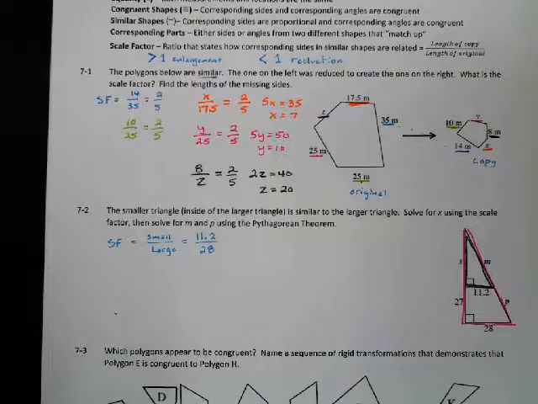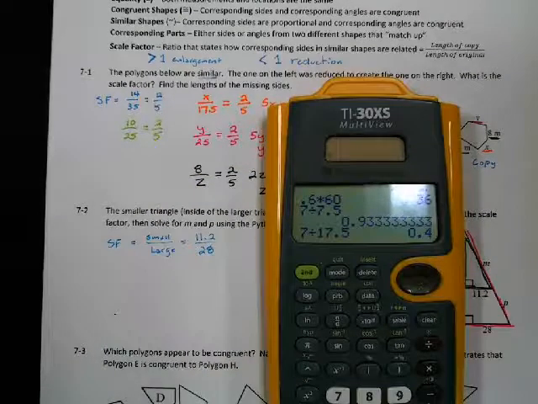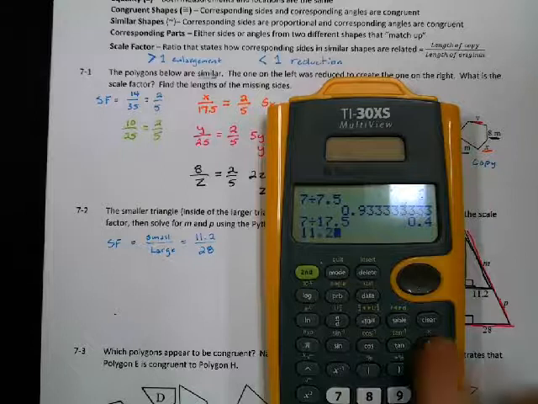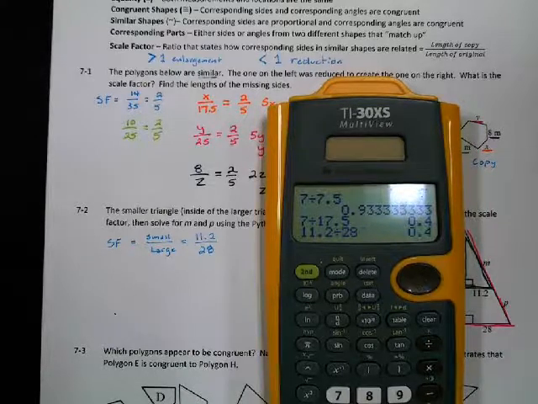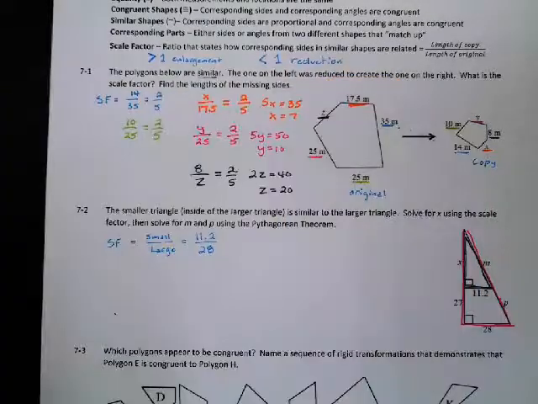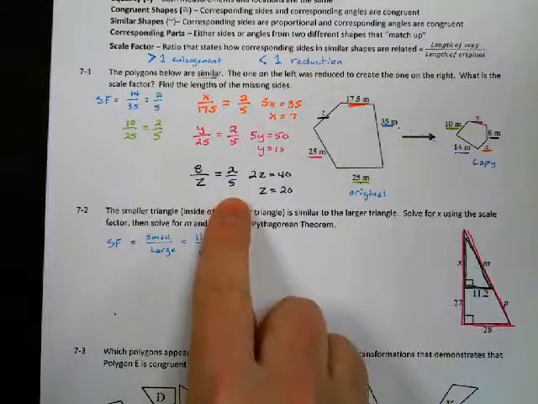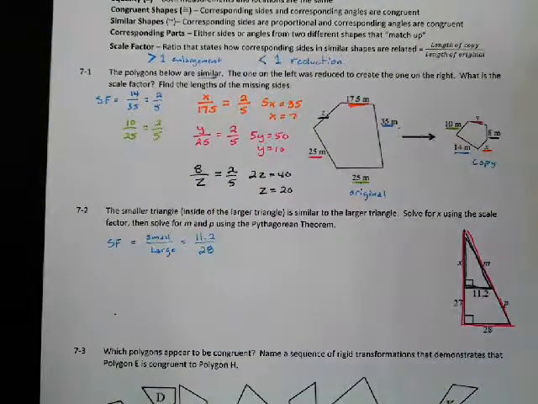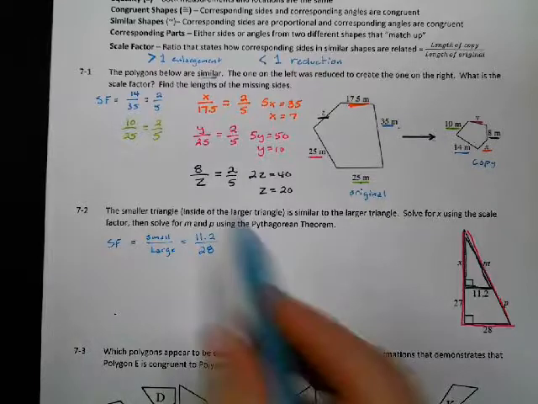Now we could have typed that into our calculator. 11.2 divided by 28 is 0.4. Oh, which is exactly what we had before, 2/5. So it reduces to the same amount that we had in the previous problem. We could leave it like 11.2 over 28 if we wanted to, or we could change it. It really doesn't matter. So we've got that it will reduce. Great. What do we do now?